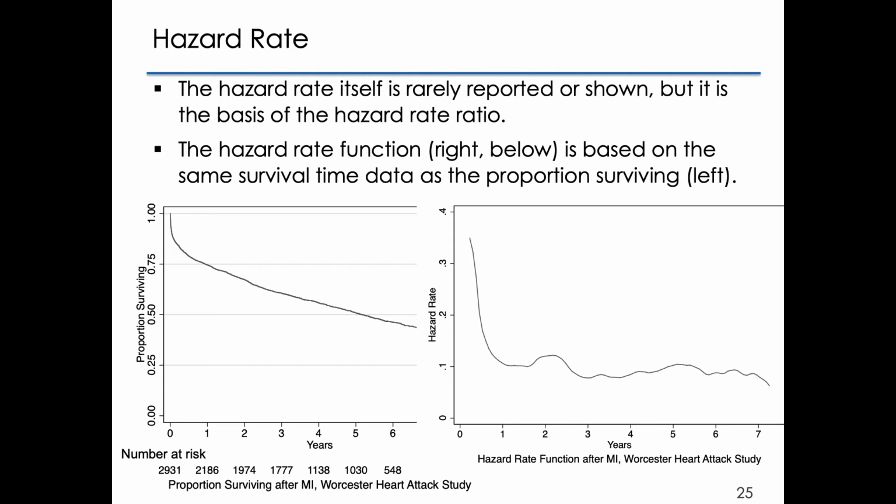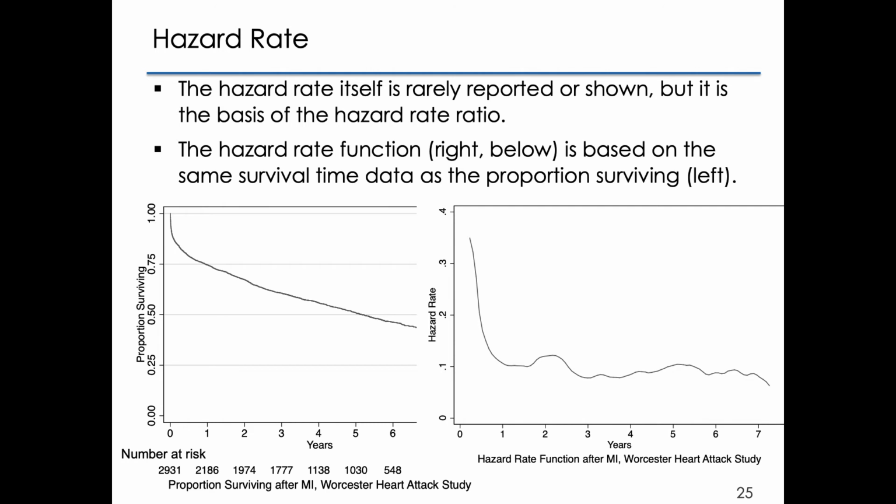So from the same study, the left panel here shows the proportion surviving over time, and we see the proportion surviving drop steeply between time zero and about halfway through the first year. It's just a steep drop in the proportion surviving, and then it seems to be a fairly straight line but continuing to go down.